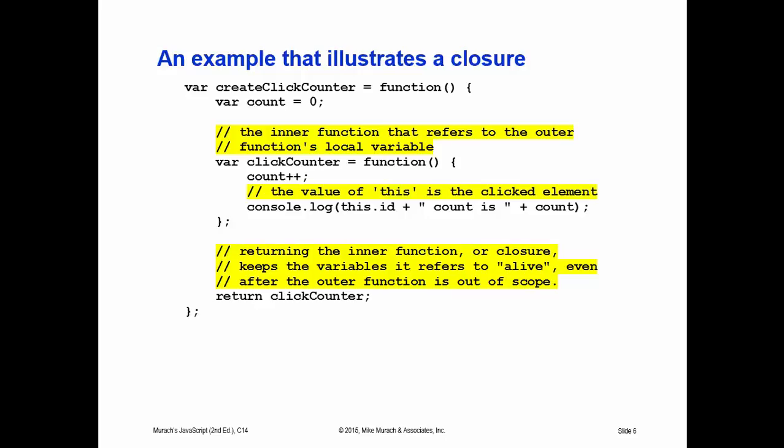The count variable is in the outer function. It's not defined in the inner function, but it's used in the inner function. What this means is that the clickCounter function is technically returned by the outer function, and that count will stay alive, even though the outer function is finished.